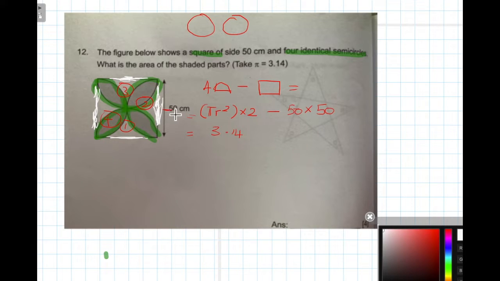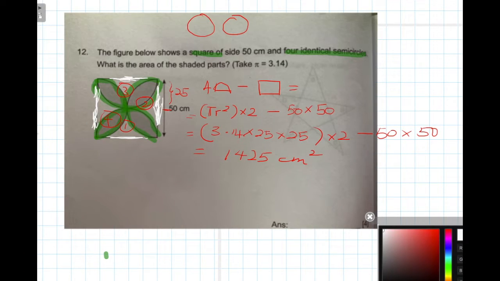If you know the total is 50, over here will be 25. So it will be times 25 times 25, this whole thing times 2, minus off 50 times 50. It will give you a value of 1425 centimeters square. Okay? Hope that this is clear.